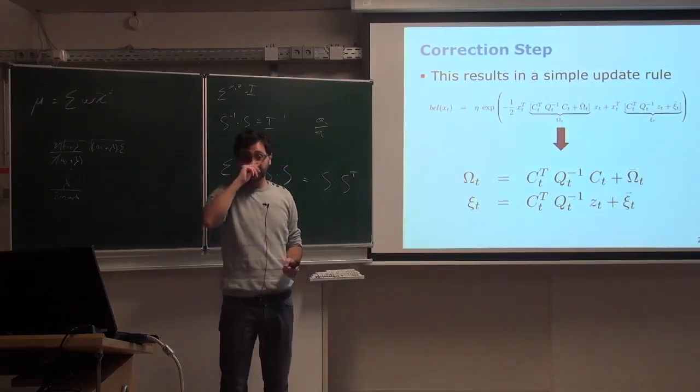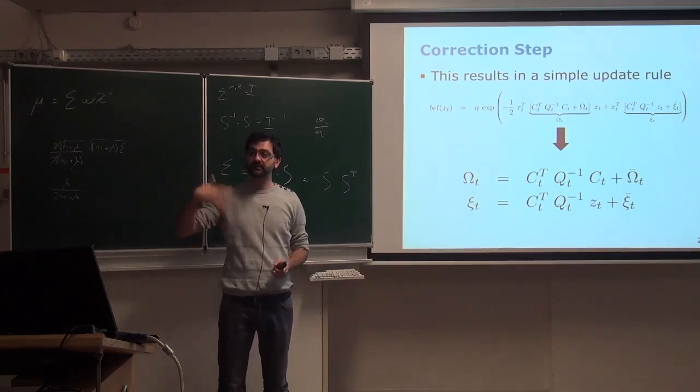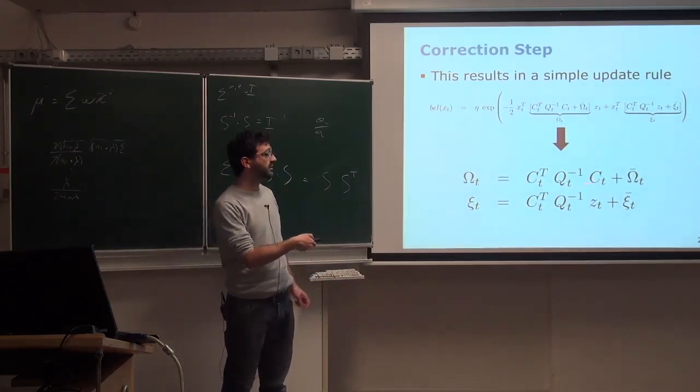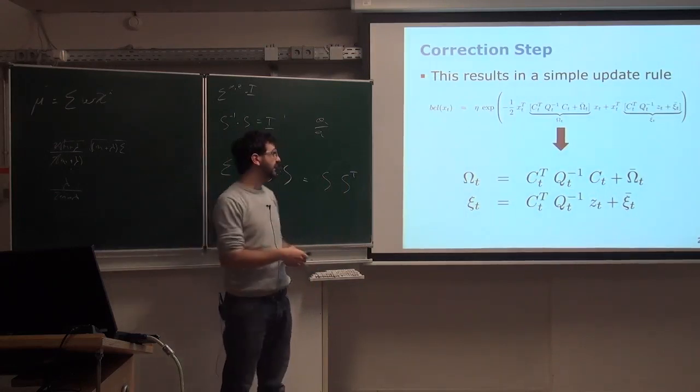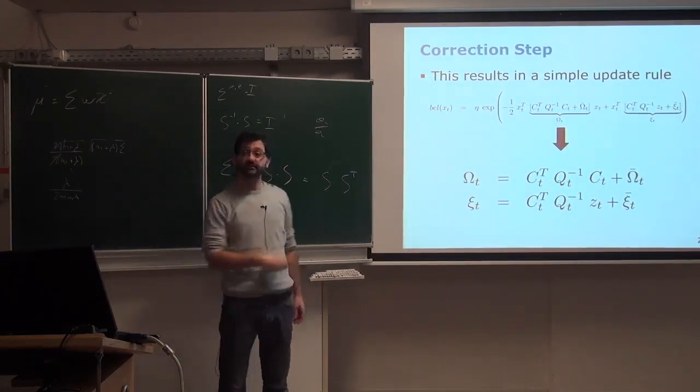So the more observations we get each time, we just need to sum them up. It's really just summing all these values up, and the same is for the information vector.